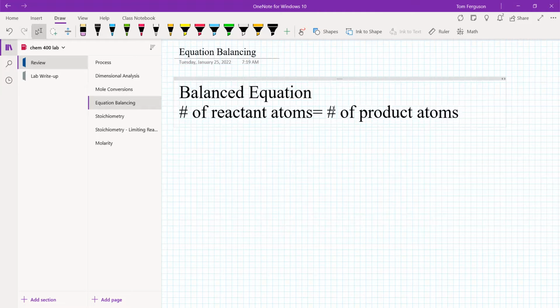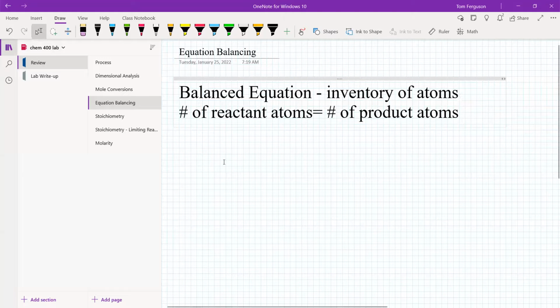Not molecules, atoms. So if we have 5 atoms of oxygen, you're going to end up with 5 atoms of oxygen. Recombined, but there's still 5 atoms of oxygen. So that means we are going to take an inventory of atoms. That's what balancing the equation is. We need to have that inventory of atoms balance.